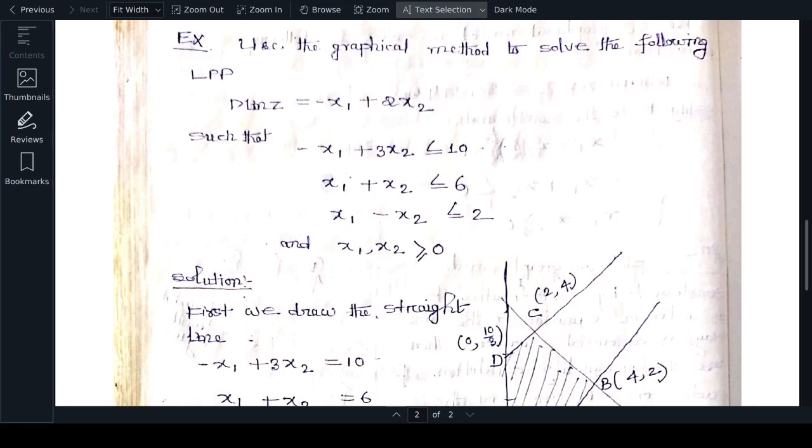So here you see, x1 means the x-axis, you can say x. x2 means y. So we get y equal to x.